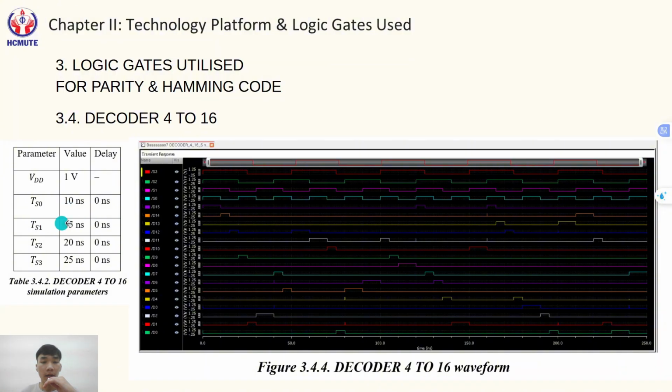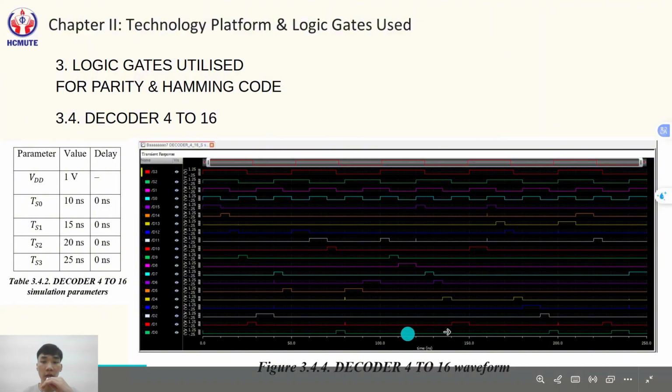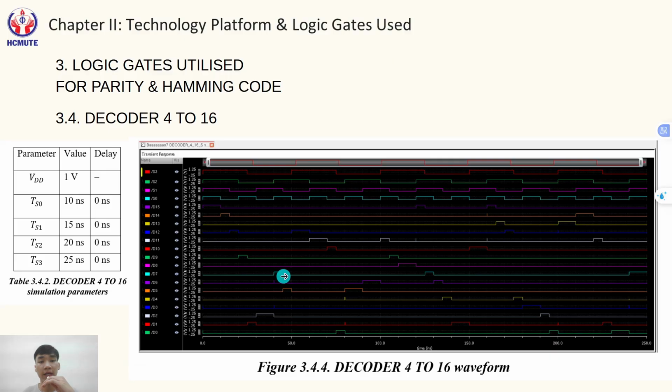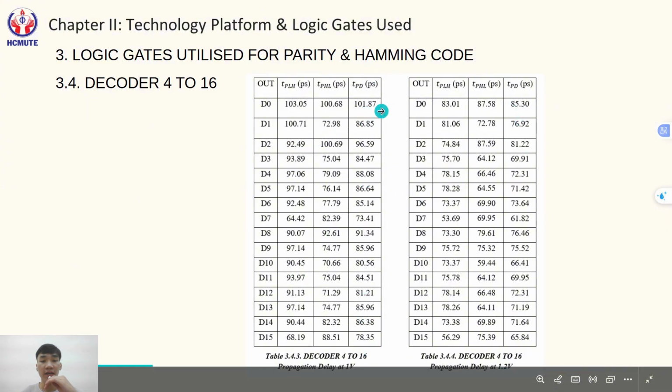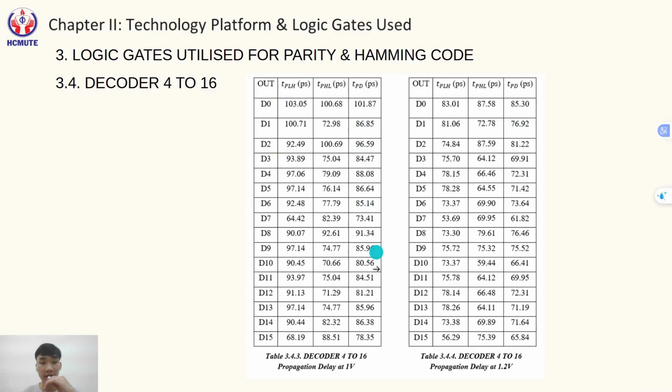And about the simulation parameters and output waveform. The waveform shows a one-hot pattern with a logic 1 moving sequentially among outputs as the input combination changes. And the average tPD per output is significantly larger than that of a 4-input AND gate due to the multiple cascaded stages.